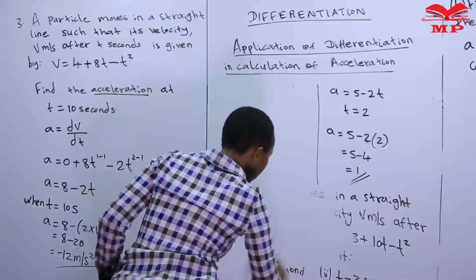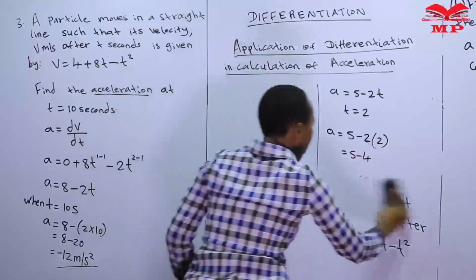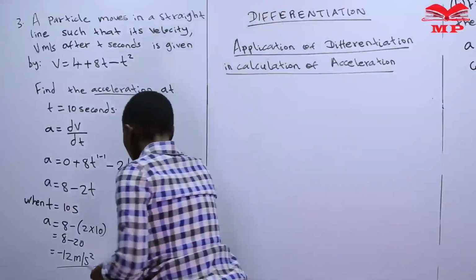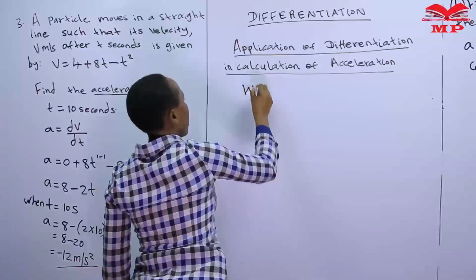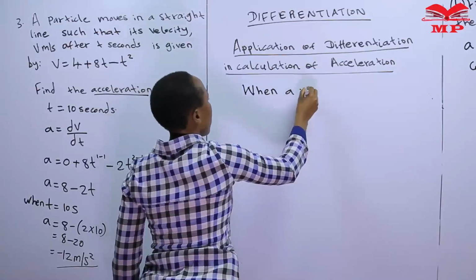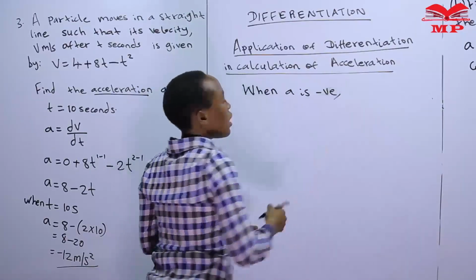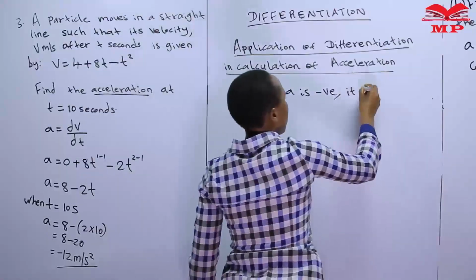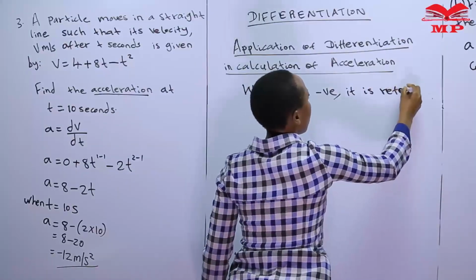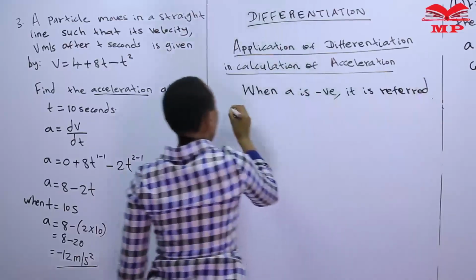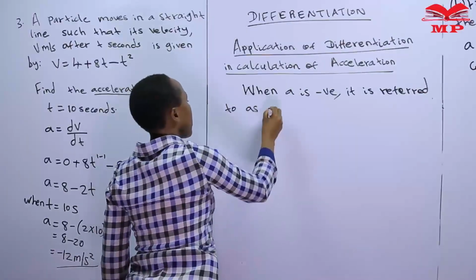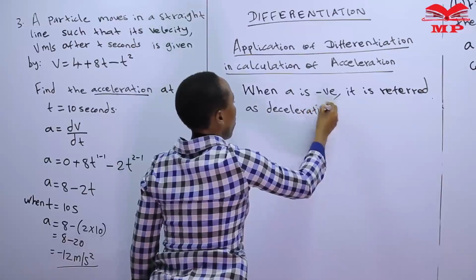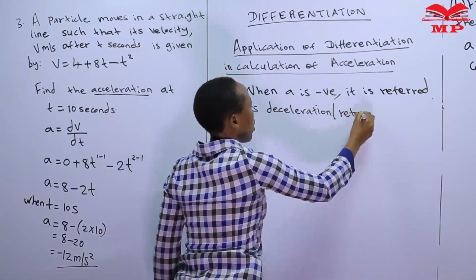So our acceleration is negative 12 meters per square second, meaning that when the acceleration is negative, it is referred to as deceleration or retardation.